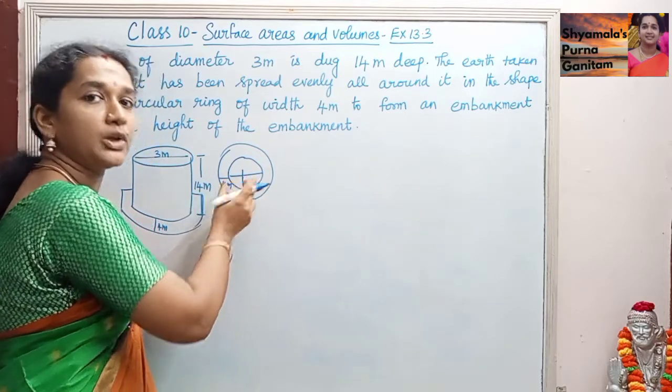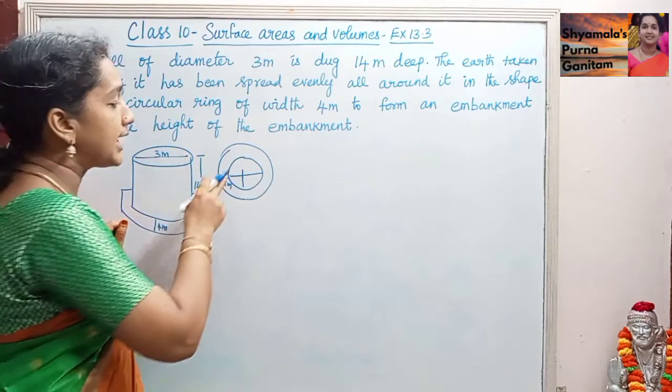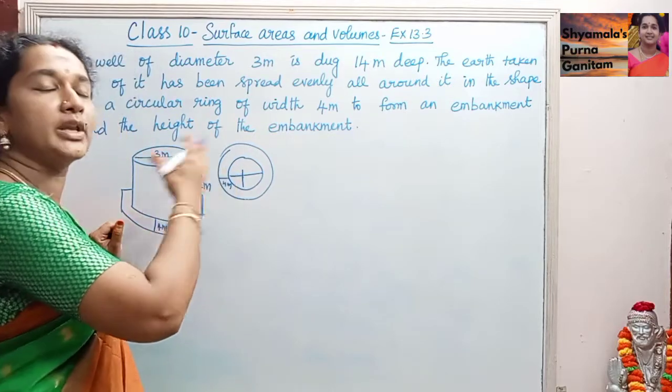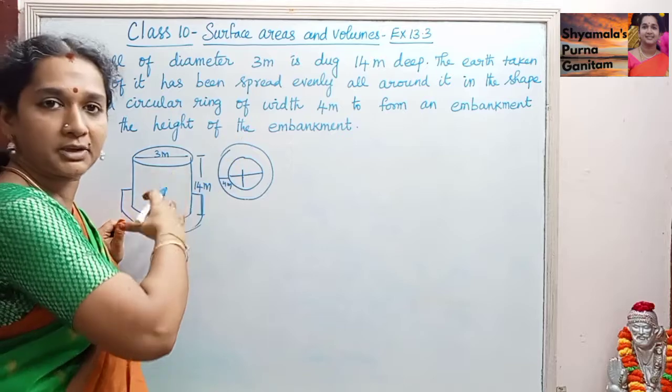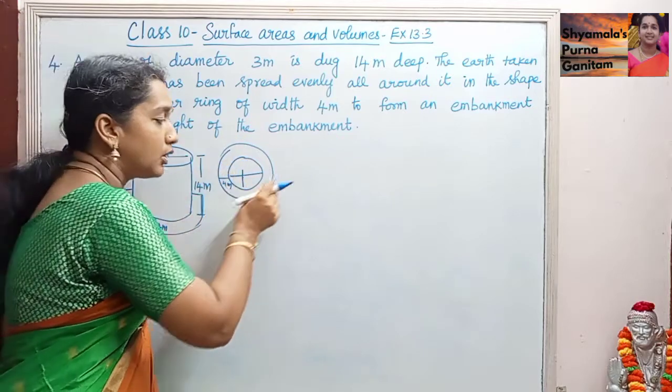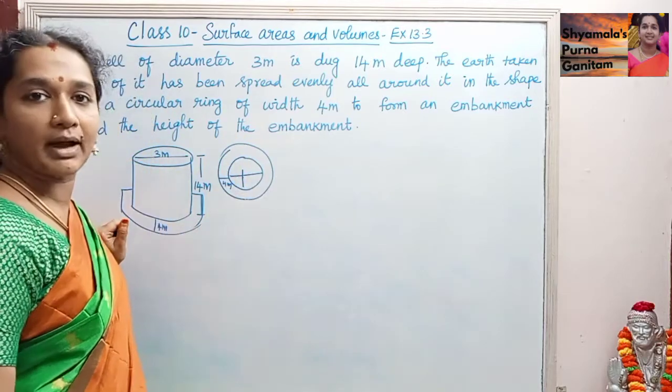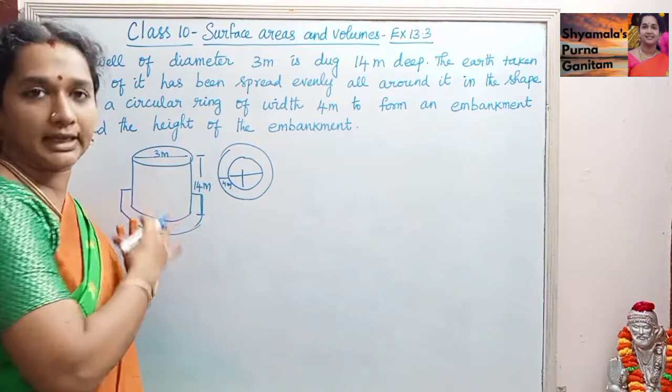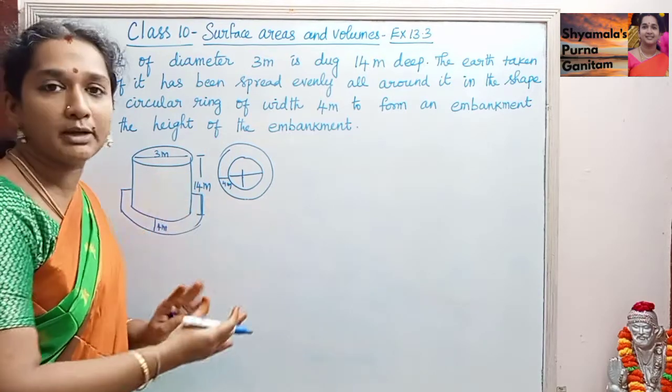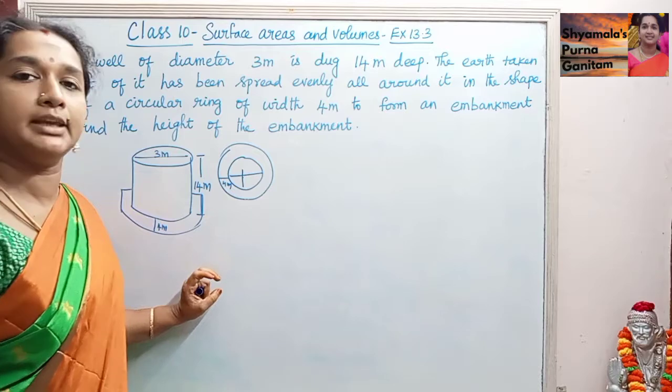So 4 plus 3 by 2 is the outer radius and 3 by 2 is the inner radius. When we subtract both, we get the volume of the embankment. Both will be equal, so when we equate both, we'll get the height of the embankment.